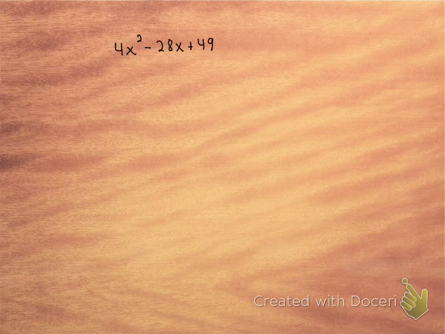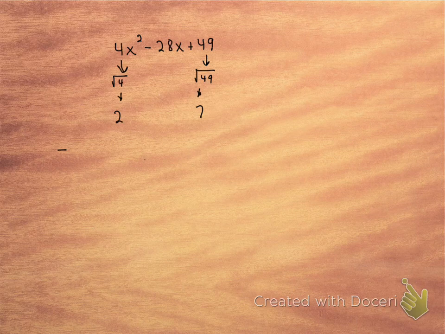The really nice thing when you recognize the pattern for a perfect square trinomial is that you can disregard that middle term because it takes care of itself. So we're going to look at the first number and the last number. 4 is a perfect square, and the square root of 4 is 2. 49 is also a perfect square, and the square root of 49 is 7.